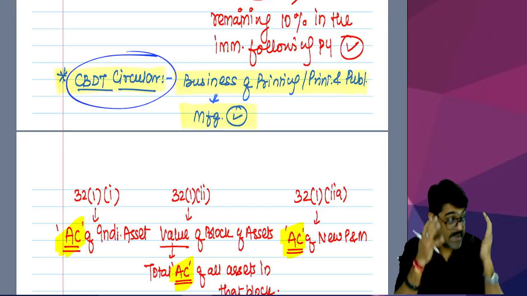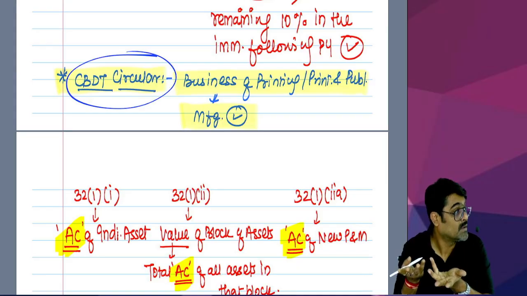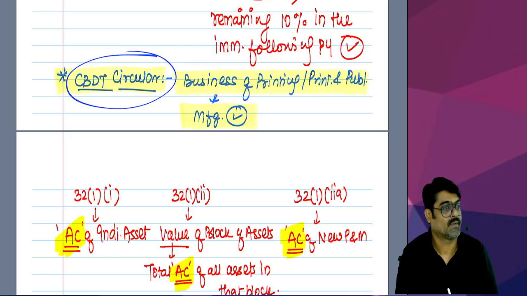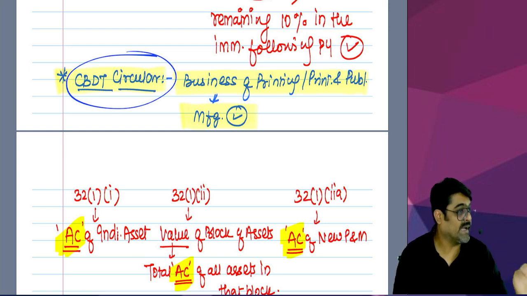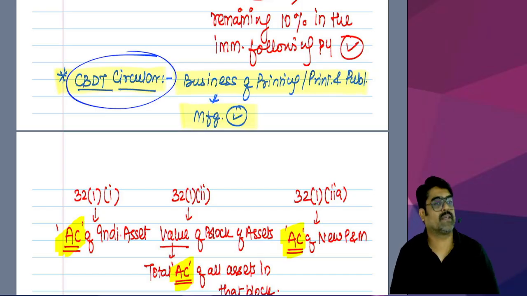Any confusion is cleared by CBDT in the form of issuing circulars, yes or no? And that circular is clearing a confusion or giving a special direction that printing business or printing and publishing business is manufacturing business.